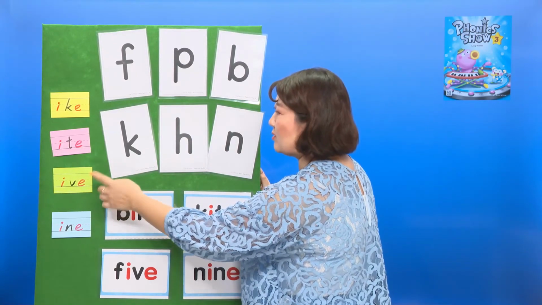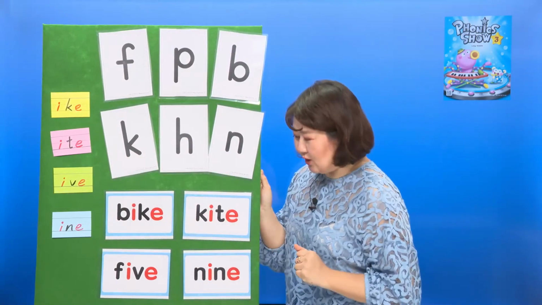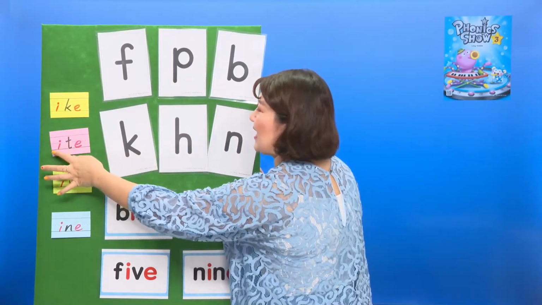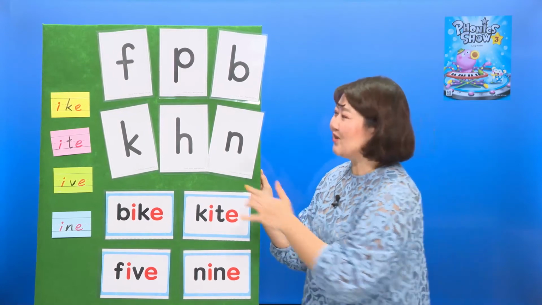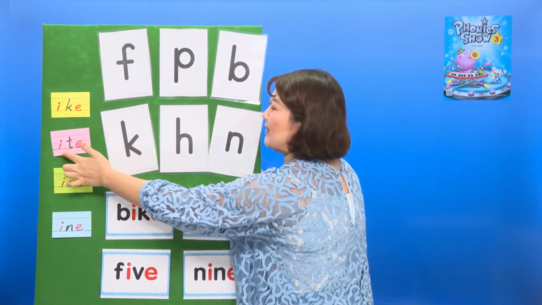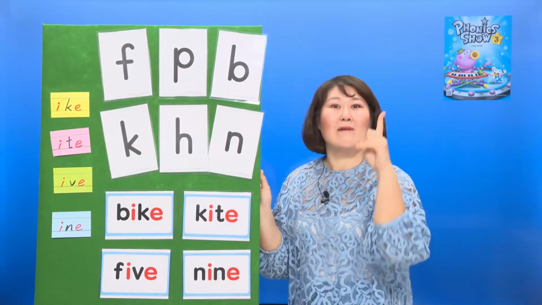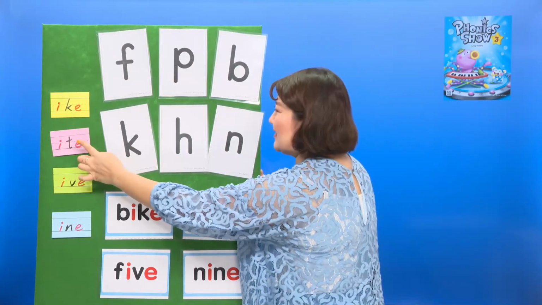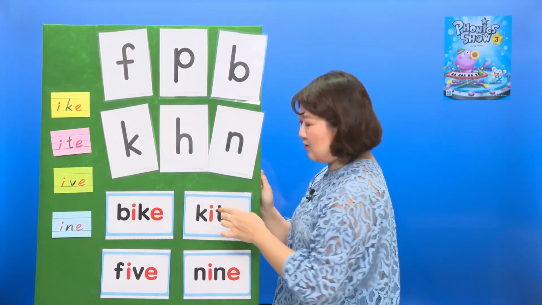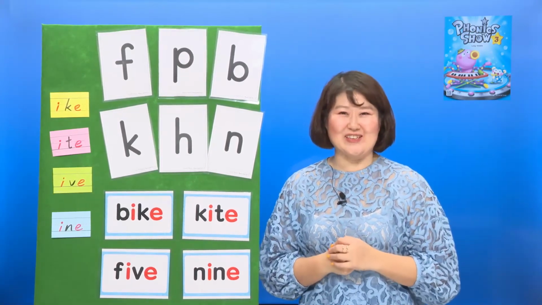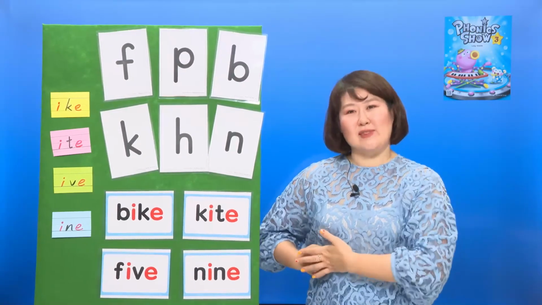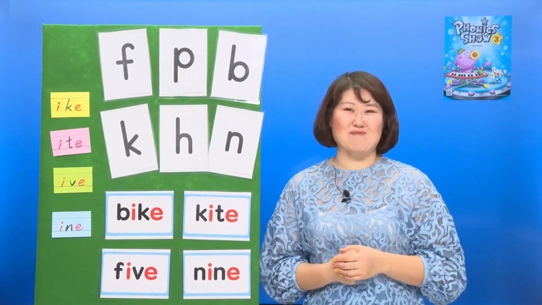For example, this student is going to find this ite to make this kite, right? So this student is going to find this ite phonics group, and then they both run to find this kite word student. So 3 of them, they have to be a perfect match.